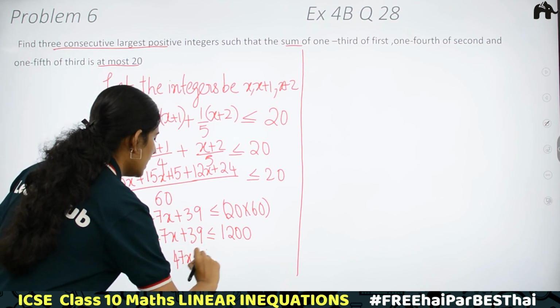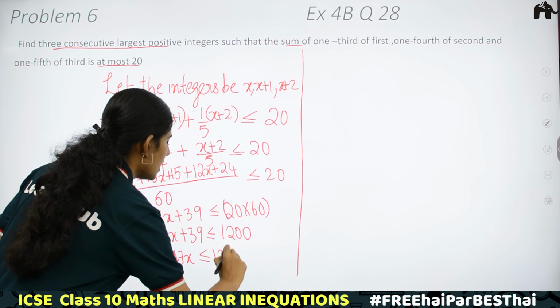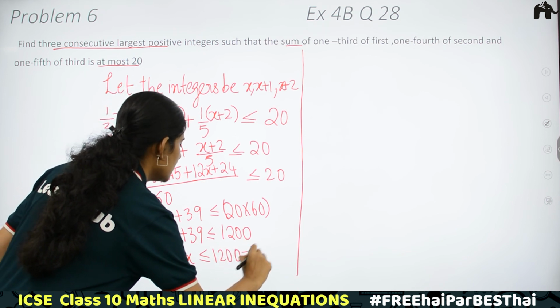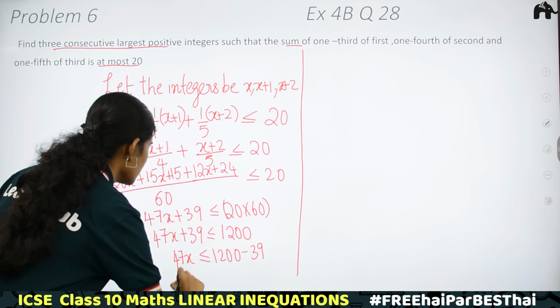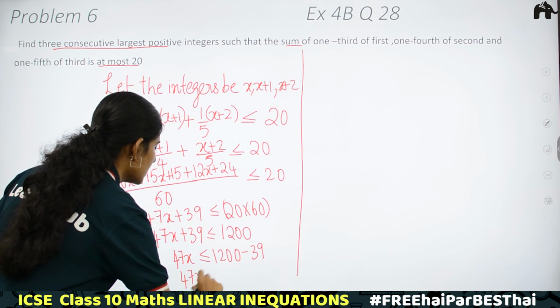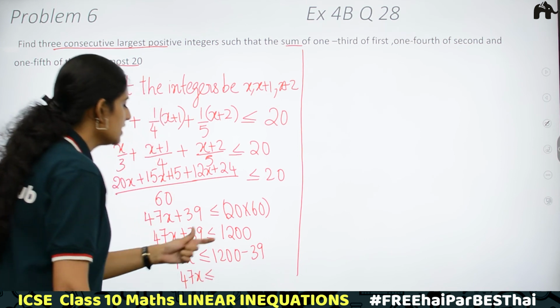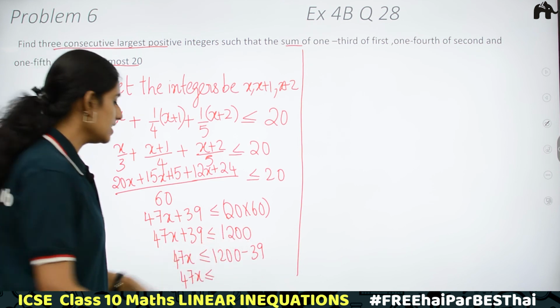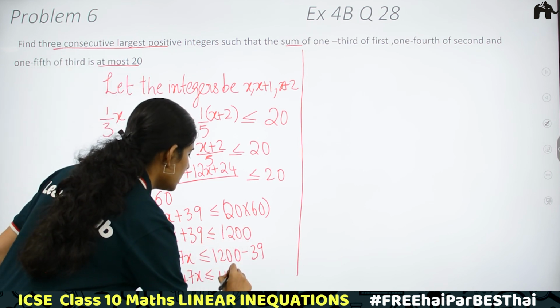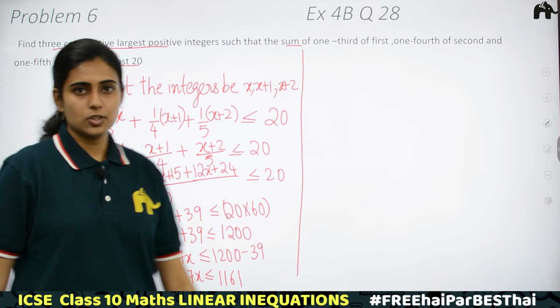Now taking 39, positive 39 to RHS, it becomes minus 39. 47x less than or equal to 1200 minus 39. 47x less than or equal to 1200 minus 39 is 1161. Okay.